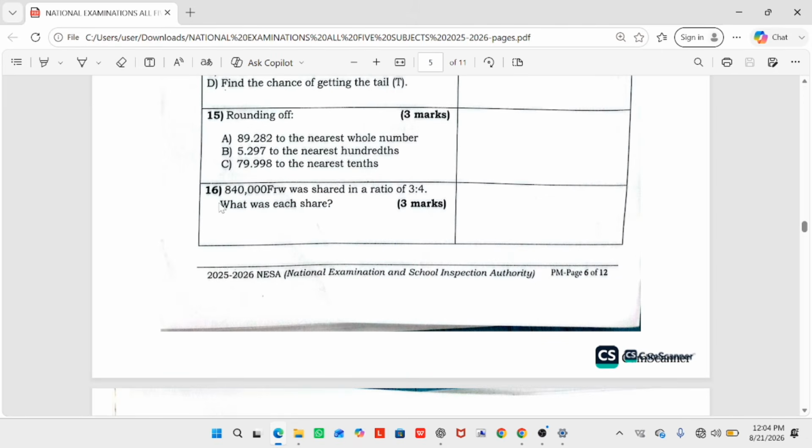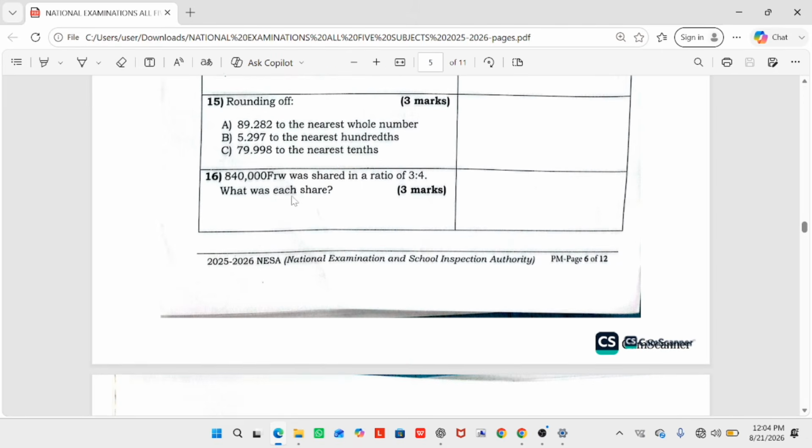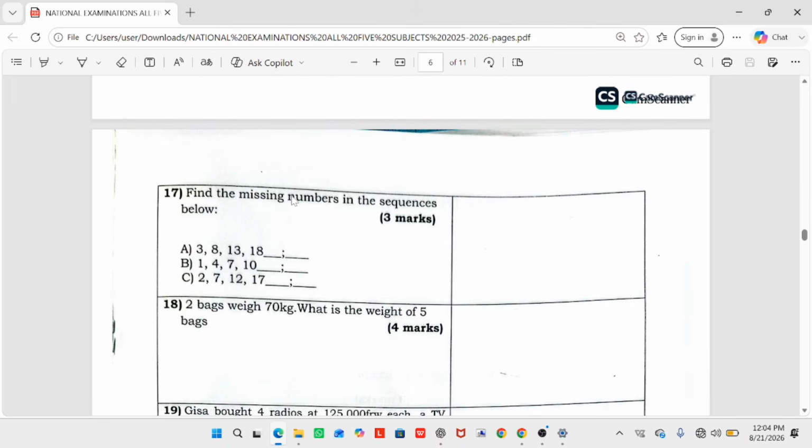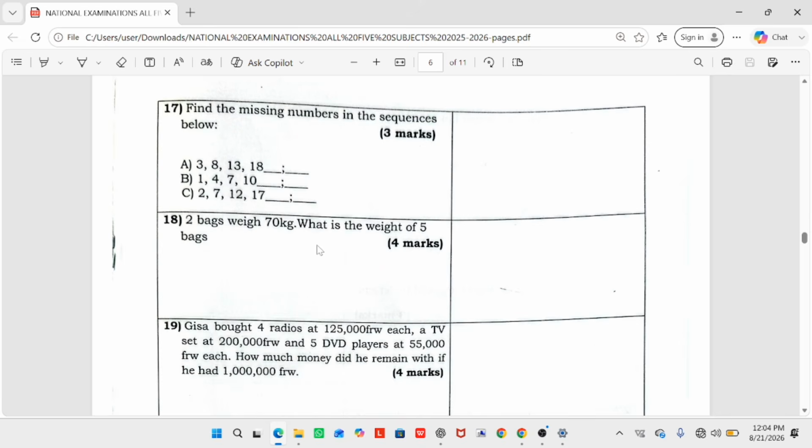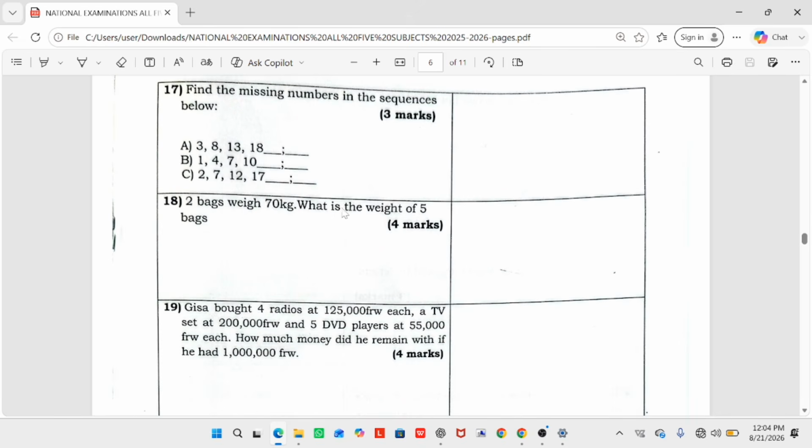Yes, question number 16. Number 17, to find the missing numbers. Then number 18, 2 bags weigh this, and what is the weight of 5 bags? You can find the weight of 1 bag and then calculate the weight of the 5 bags.